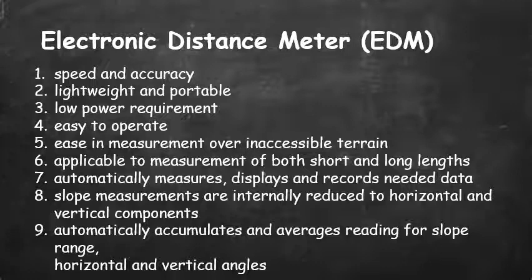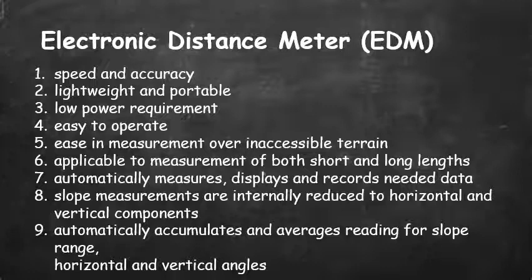It automatically measures, displays and records the needed data. It has a small monitor that can directly give the value of the angle and the measurement in length. The slope measurements are internally reduced to horizontal and vertical components, so it eliminates the slope correction. It can give both the slope distance and the horizontal distance.